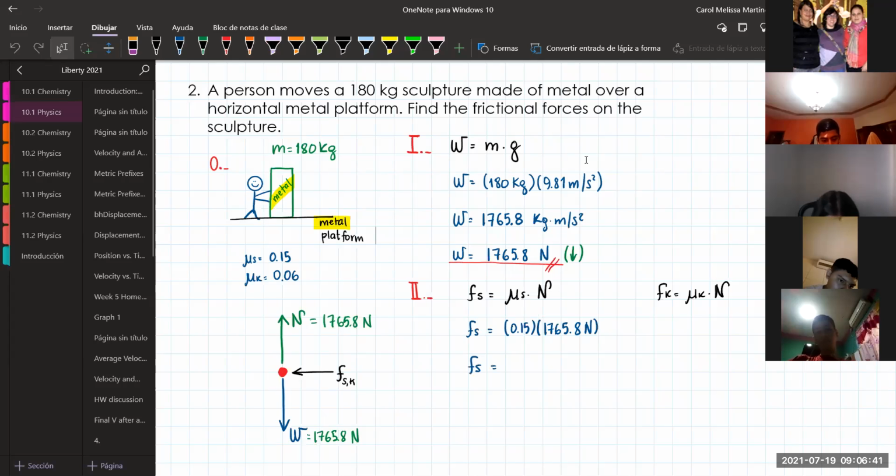How much do you get in the static? 264.87.